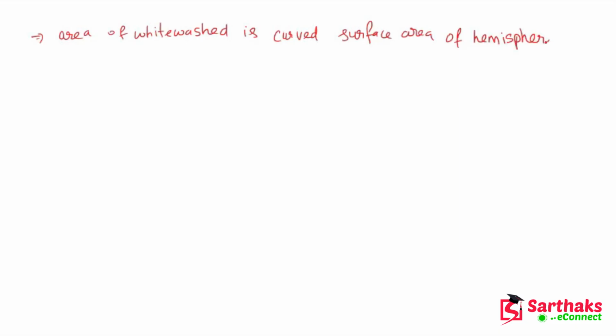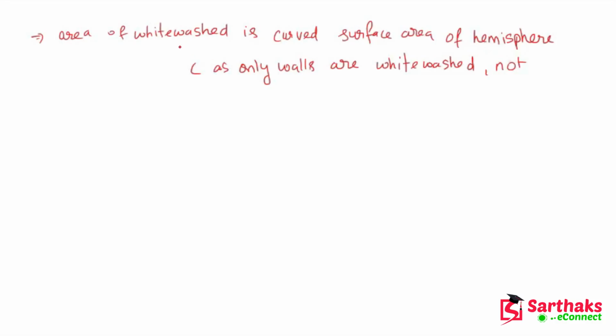So now area of whitewashed is the curved surface area of hemisphere, as only walls are whitewashed, not floor.